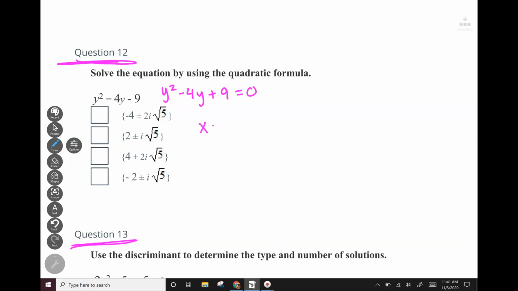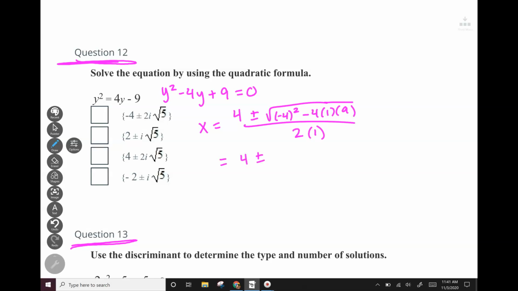So plugging that in, got -b, which is going to be +4, plus or minus the square root of -4 squared. Make sure you put that in parentheses. Minus 4ac, so minus 4 times 1 times 9, all over 2a. Okay, now we simplify.